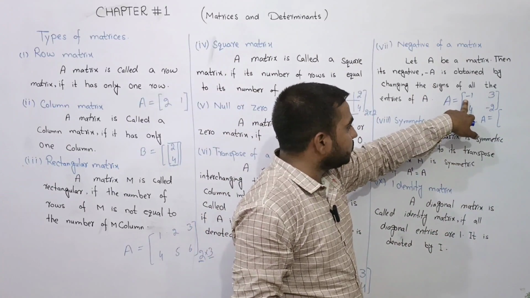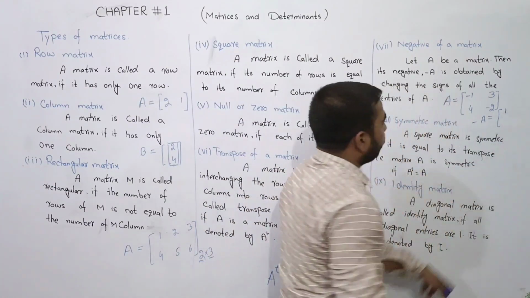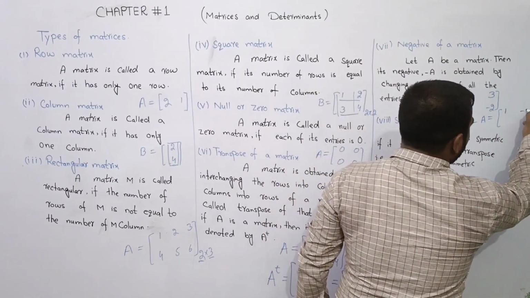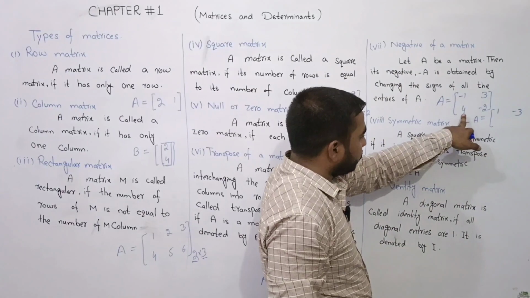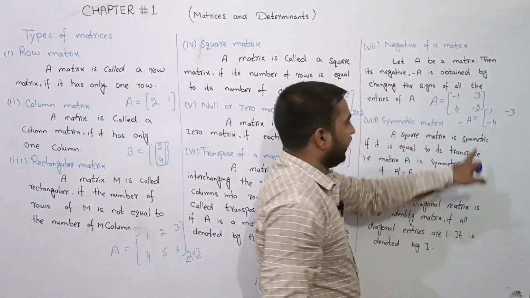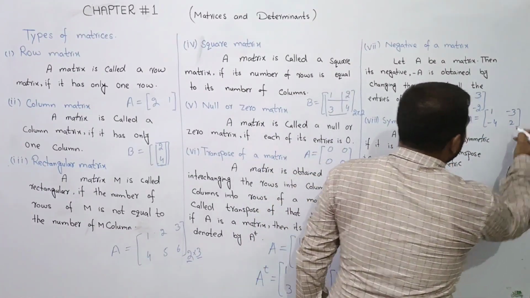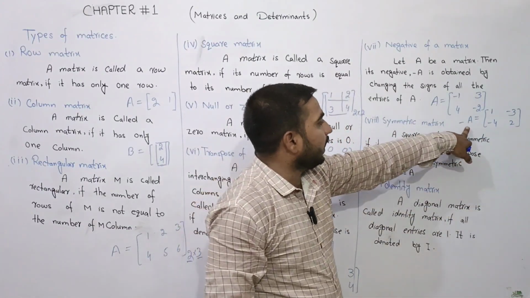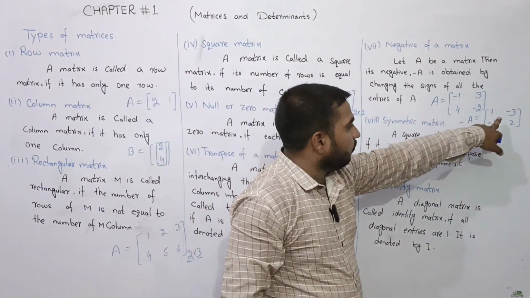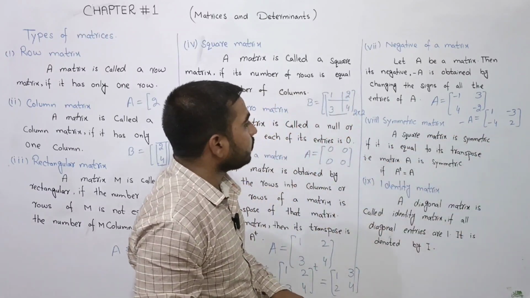Here we have -1, we convert into +1. Here we have +3, we convert into -3, and +4 we change into -4, and -2 we change into +2. Then negative A is 1, -3, -4 and 2.